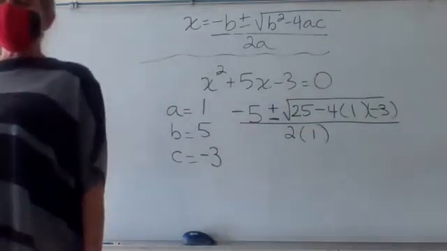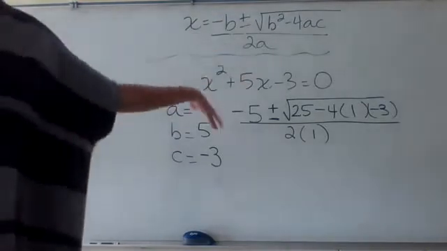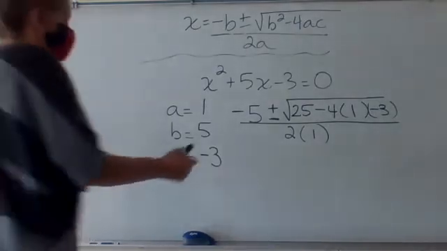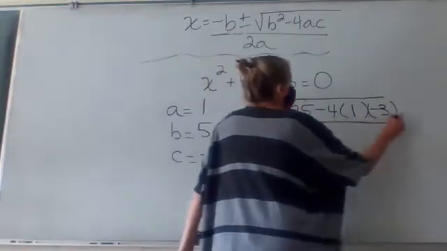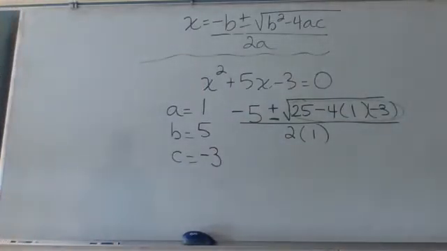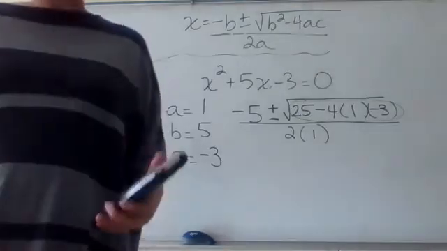Now, after you replace, you're simplifying that fraction. That's your first step of simplifying, is figuring out what all that is underneath the square root. You can do it all at once in your calculator.